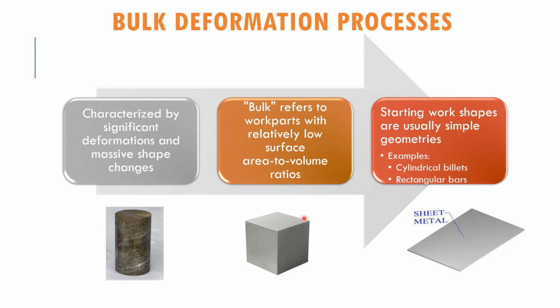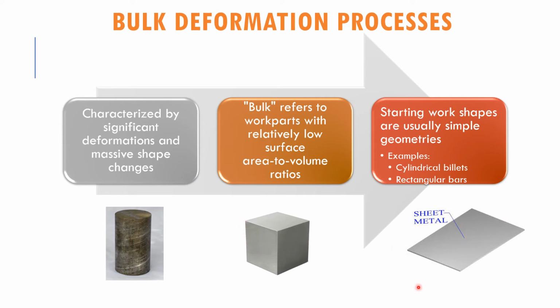If you can see here, for example, this is the bulk work material and this is the sheet metal. If we put A over V, meaning the area over the volume, we assume, for example, this one is 1 meter cube and this one also 1 meter cube. So compared to this sheet metal, the surface area for this product is low.